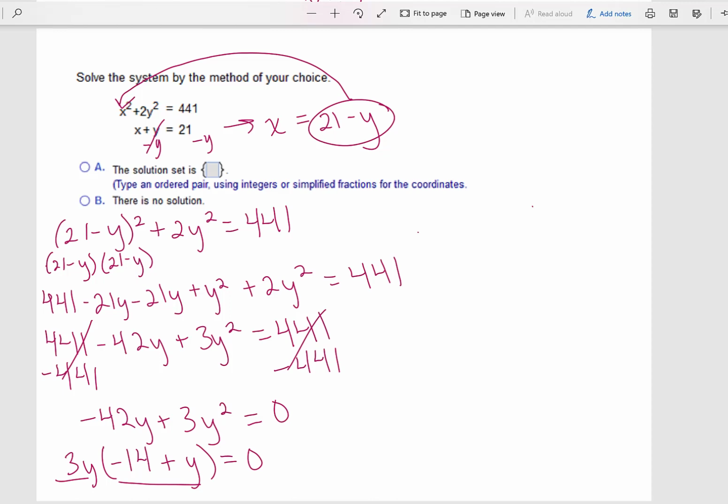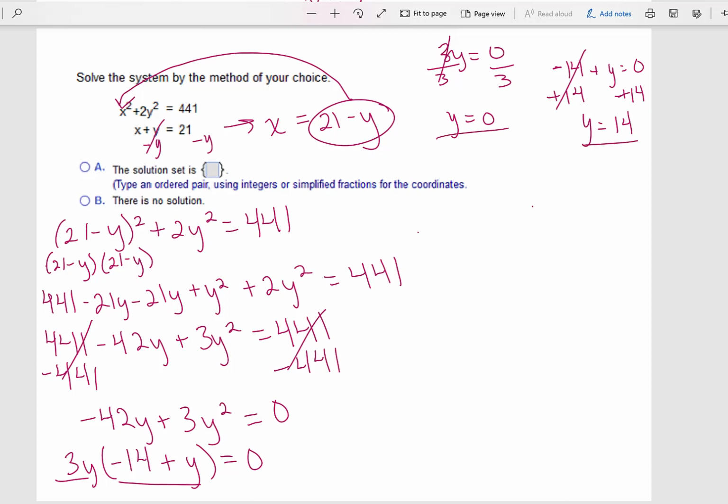So I'm going to come up to their top right corner. 3y equals 0. So I have y equals 0. And then negative 14 plus y equals 0 gives me y equals 14.